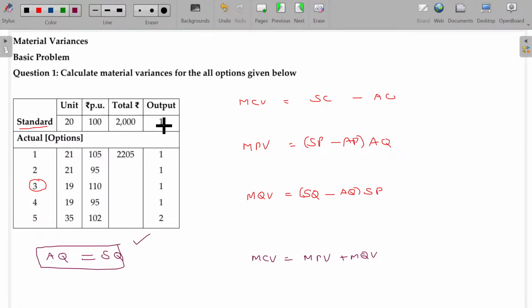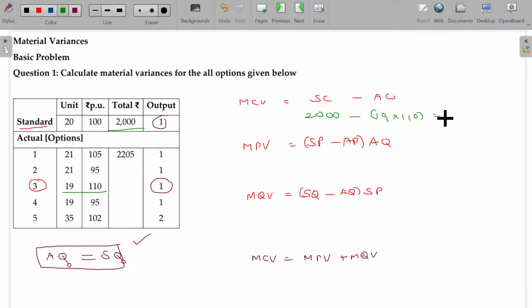Actual quantity of output, to differentiate. If these two are the same, then you can directly apply this formula. Now, standard cost in this case being 2000, actual cost 19 units at rupees 110.